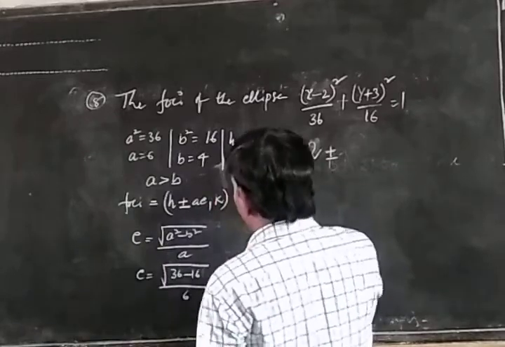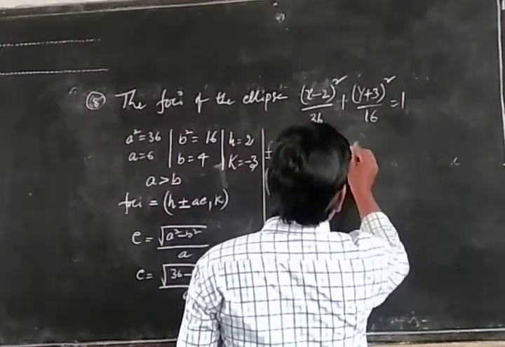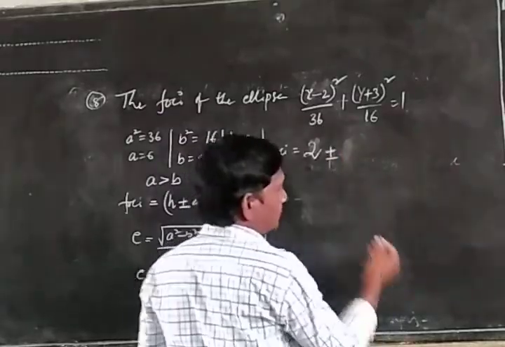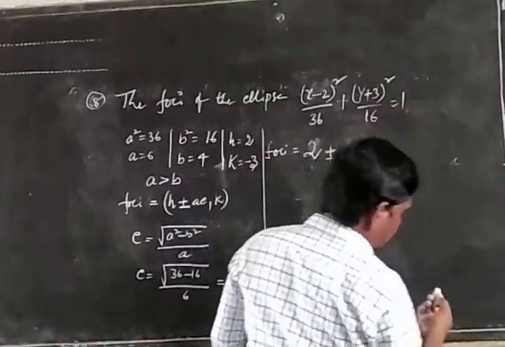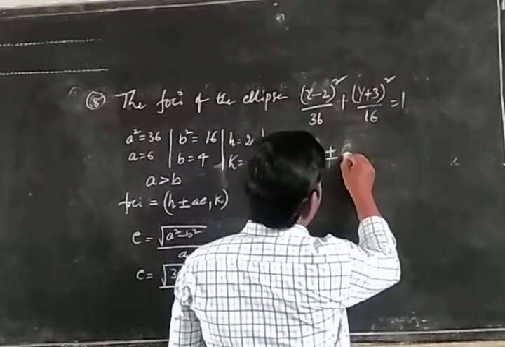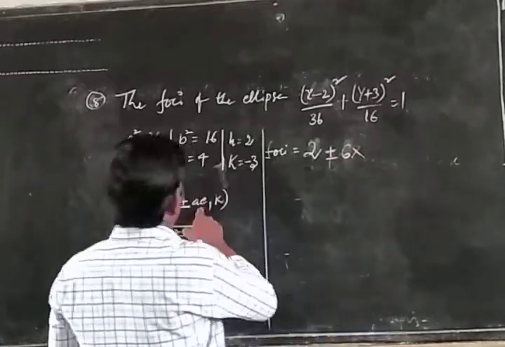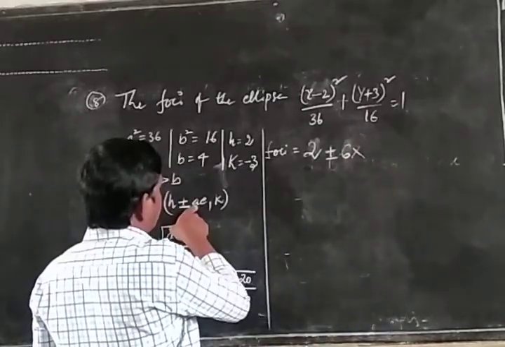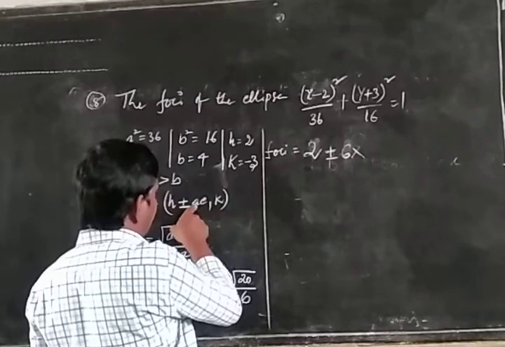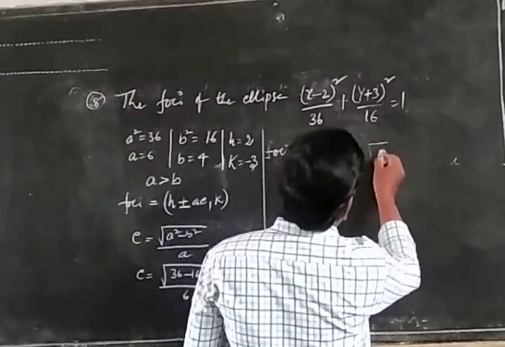What is the a value here? 6 into root 20 by 6.